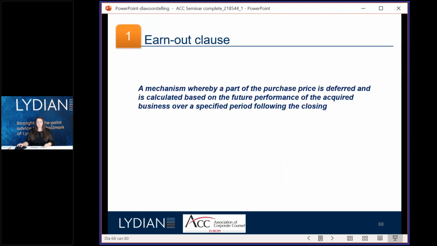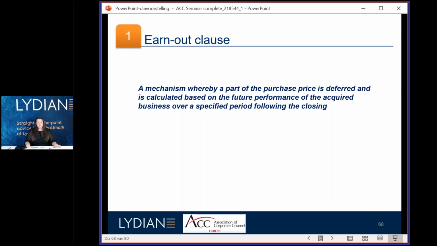Let's start with earn-out clauses. So as a reminder, an earn-out is a mechanism whereby a part of the purchase price is deferred and will be calculated based on the future performance of the acquired business over a specified period of time. So you see here the two essential elements, which is the future performance of the company on the one hand, and how that will determine the earnout, and on the other hand, the period over which the earnout will be calculated.